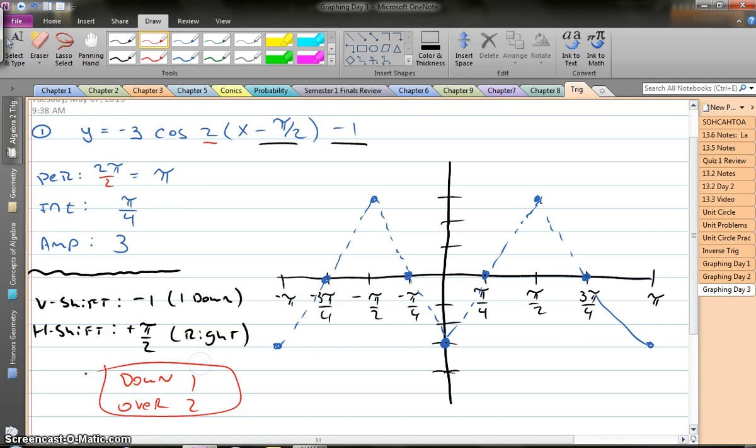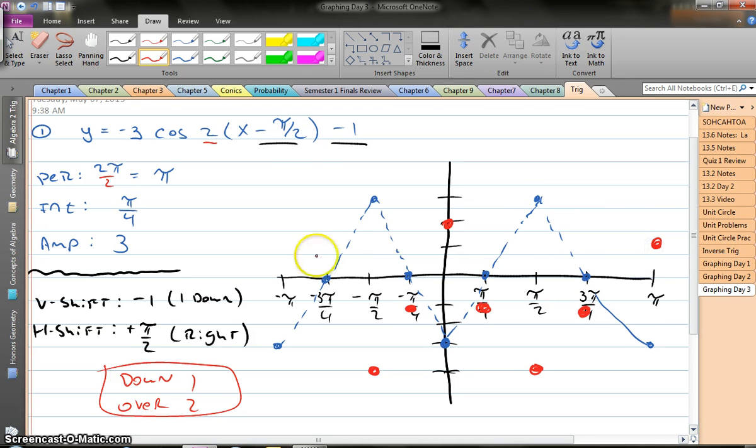So down 1 over 2 for each interval, for each dot. Down 1 over 2, down 1 over 2, down 1 over 2, down 1 over 2.